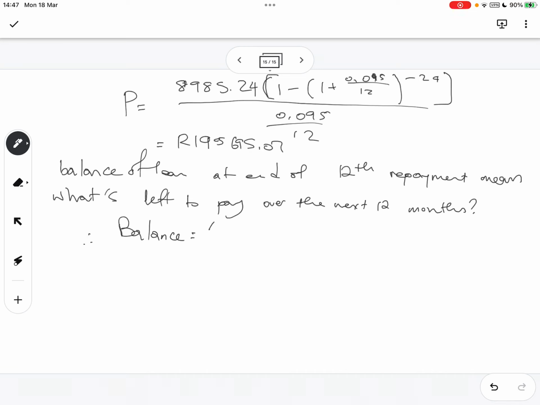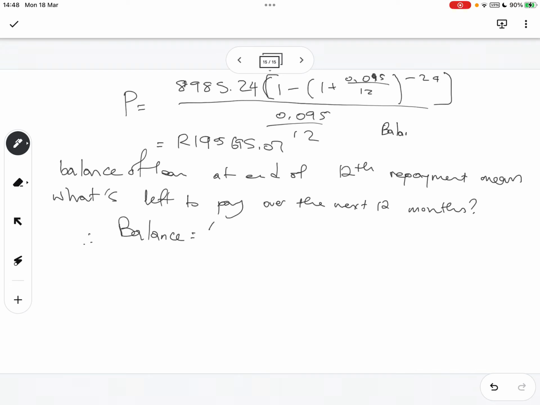It can also be calculated by, therefore, balance equals A minus F. So a loan, if the total number of payments is not known, we use this one. In the first case, the total number of payments is known because we have the 36.